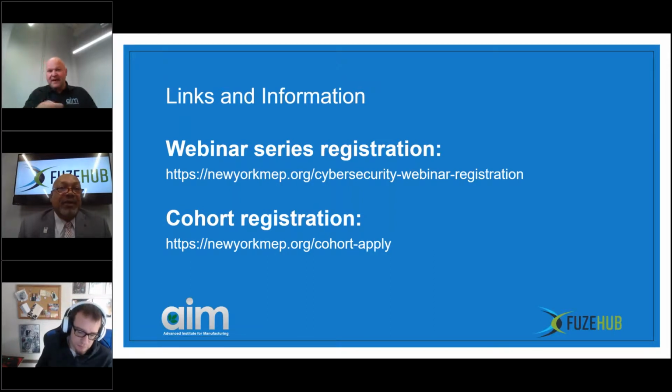Well, I would just comment on that, and then I'll let you take it too, Everton. You don't have to be a DoD manufacturer to take part in this 5-part webinar series. The 5-part webinar series is open to all manufacturers across the state of New York. To join the cohort, you have to have either an existing contract in place with the Department of Defense, or you have to be participating somewhere in the supply chain.